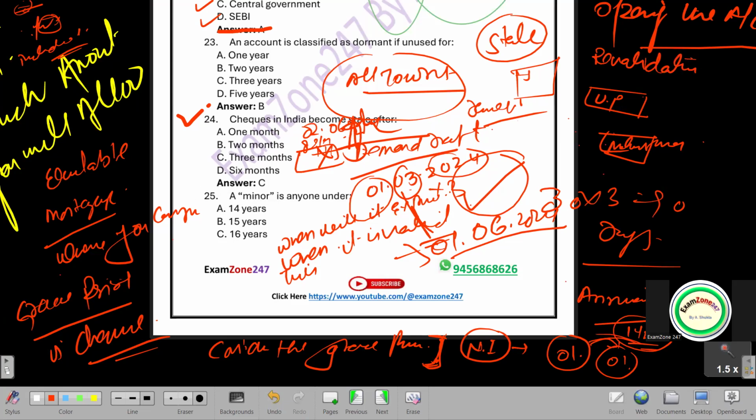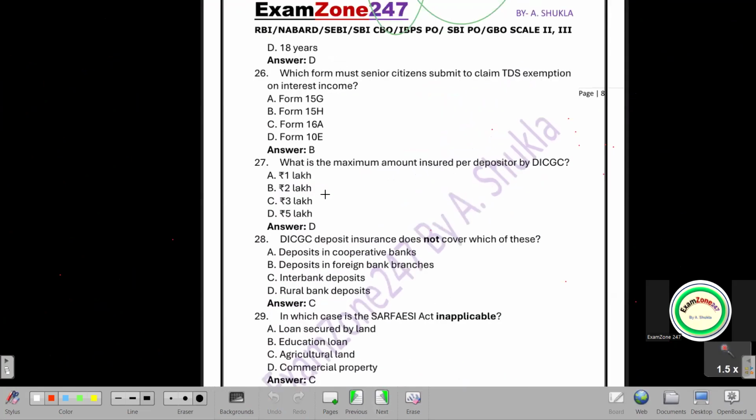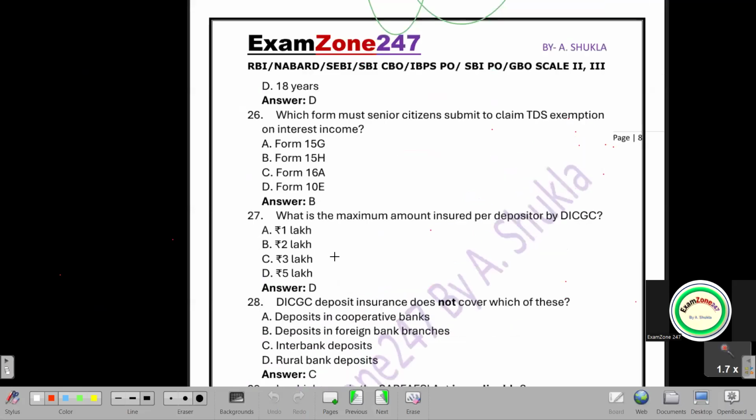Who is a minor? A minor is anyone under 14, 15, 16, 17, 18. How many years? Who is a minor? Less than 18 years.